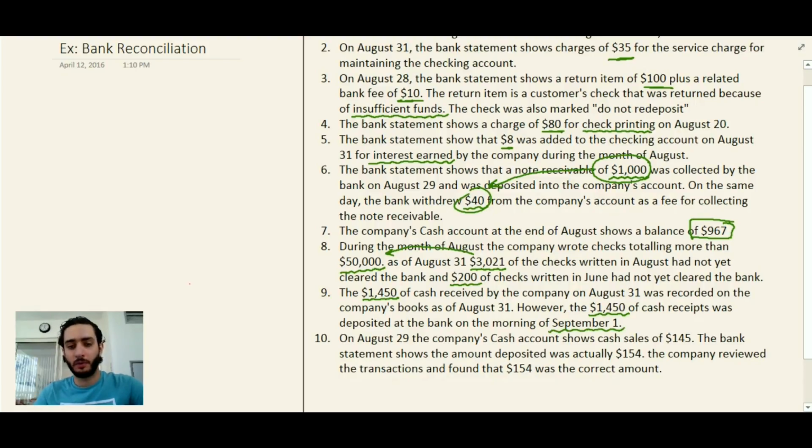So we went to the bank and deposited a cash amount of $1,450, but this cash amount didn't show up until September 1st, but we got the bank statement on August 31st, so we can assume that it is deposits in transit.